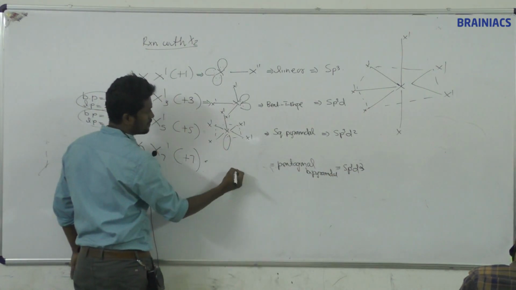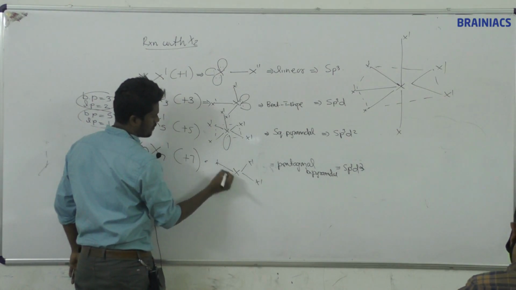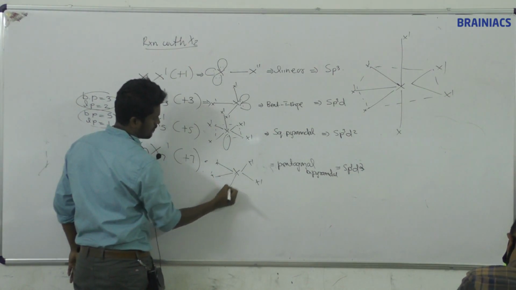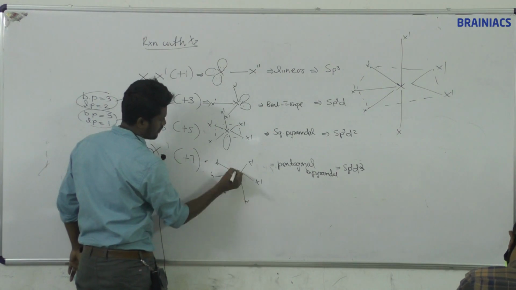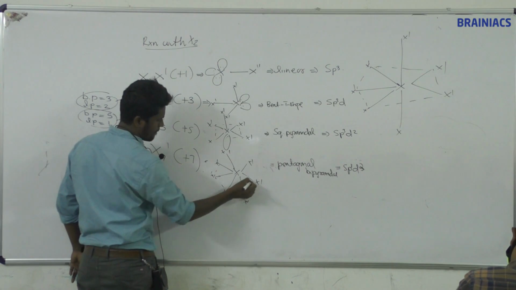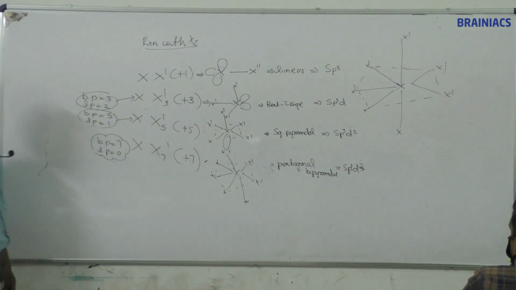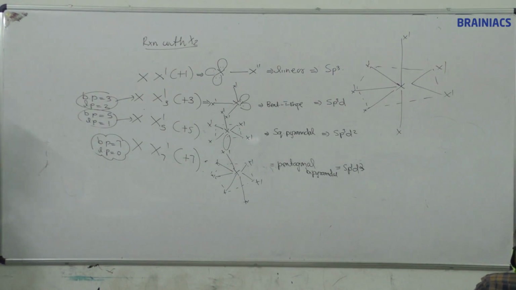Pentagonal bipyramidal. Pentagonal bipyramidal. Interhalogen compounds.